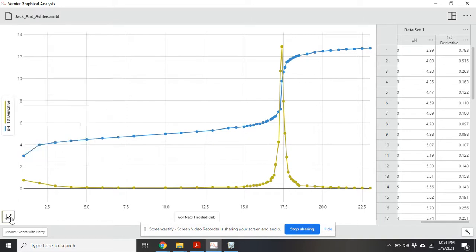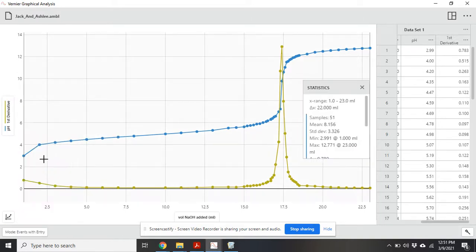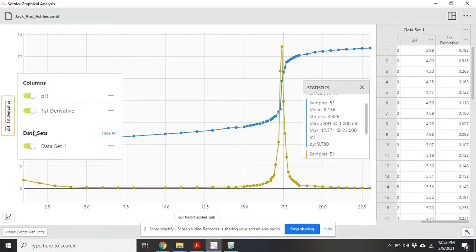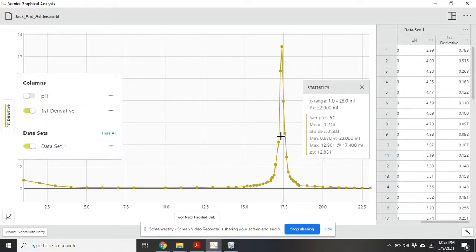And if I go to statistical analysis, let's go here, I can show you that. Actually, I'm going to get rid of my derivative or my pH curve real quick. There. My statistical analysis says that the maximum of this derivative line, what this derivative line is doing is calculating the slope of the tangent line to the blue curve.